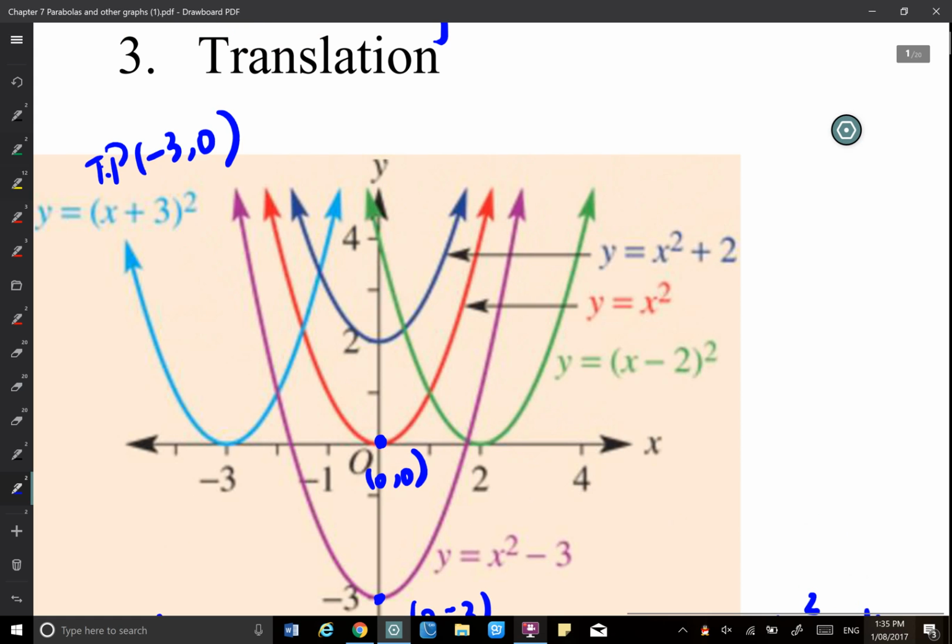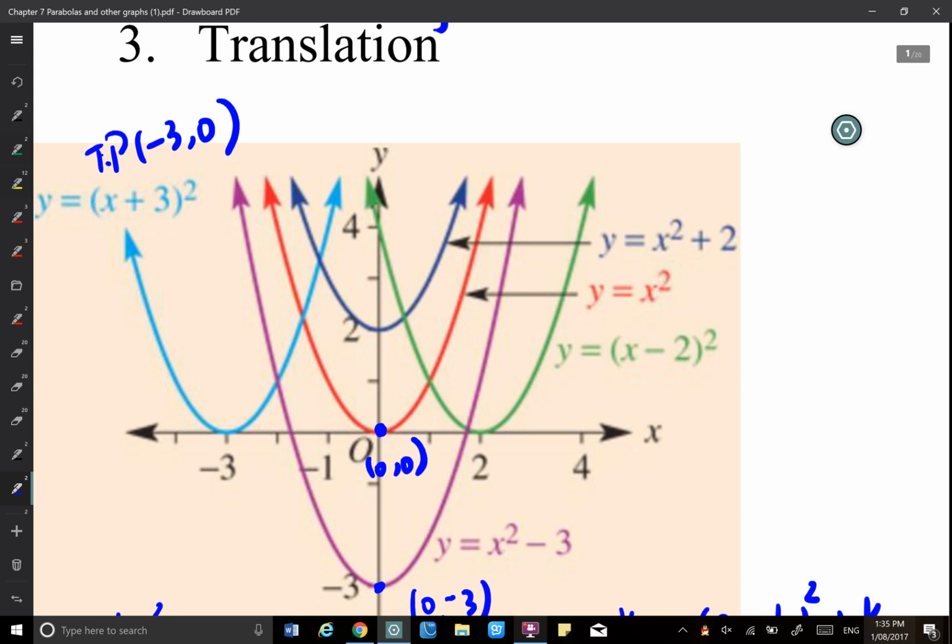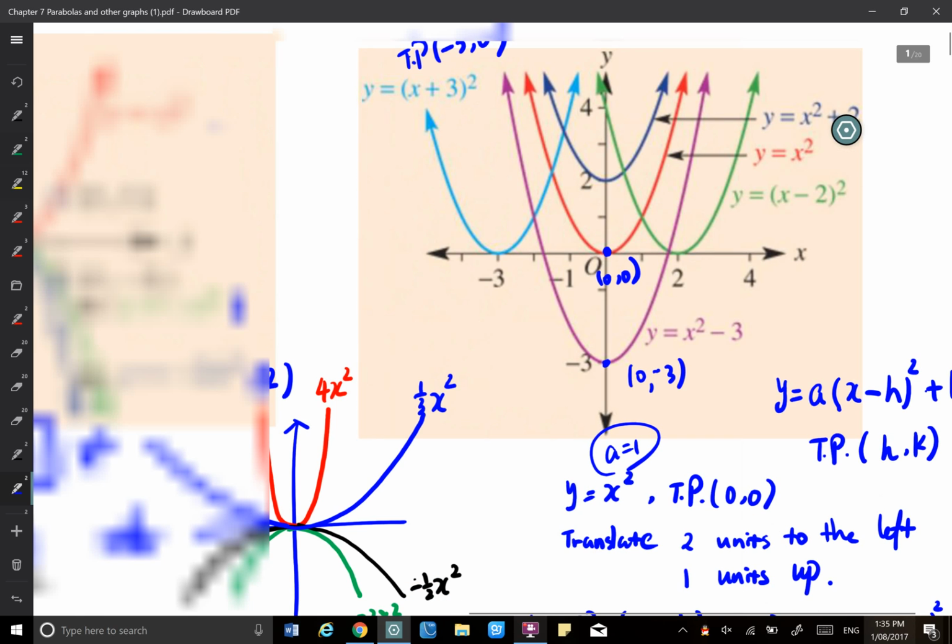So this blue graph is moving up by 2 units, and you plus the 2 at the back. The green graph is moving right for 2 units, then it's x minus 2 squared. That's how we do the translation. So that's the translation step.